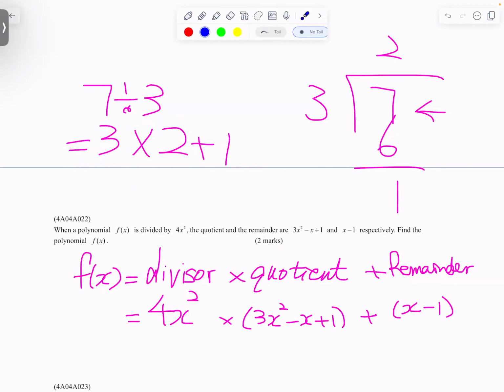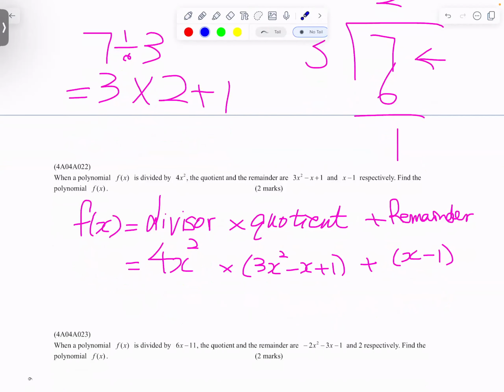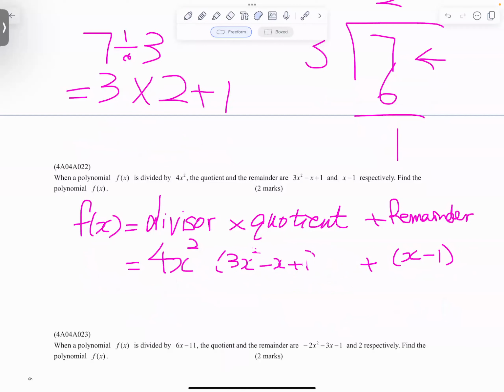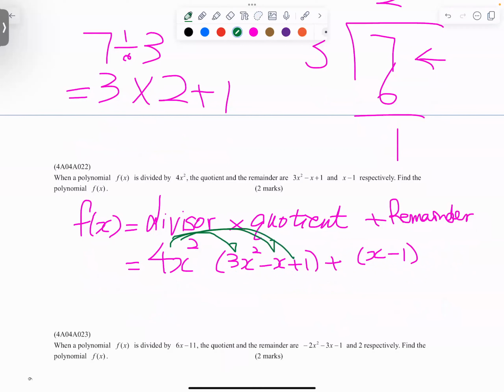How do we expand it then? Times basically means the brackets, and since you already have a bracket there, you don't really need to write it there. So you just move it there. And then you need to open up. How do we open up the bracket? That's the first practice we did. So open up the bracket and see what you get.